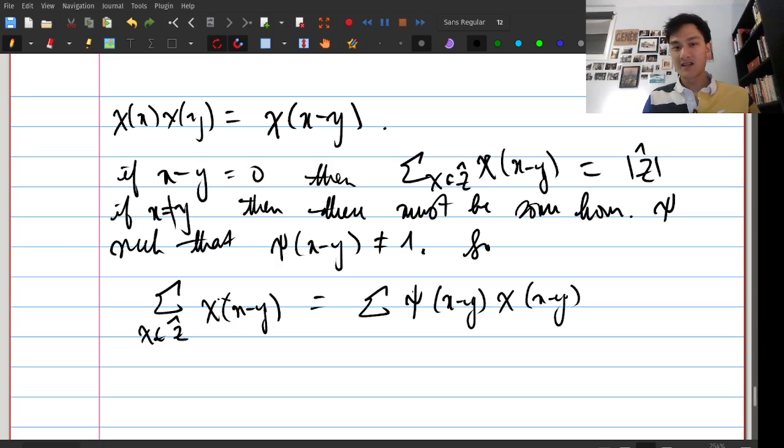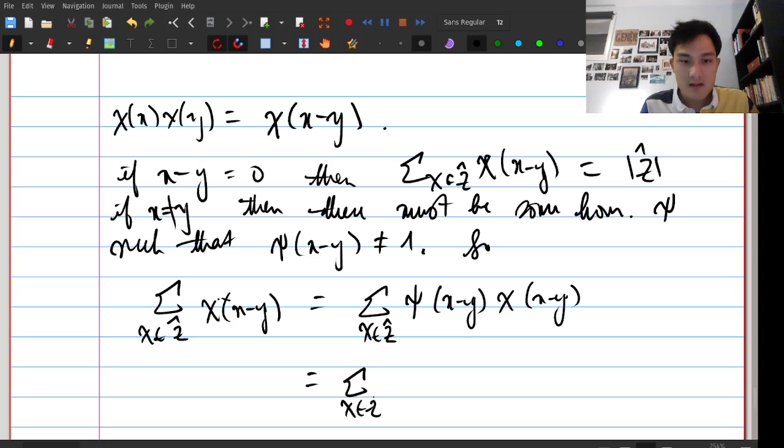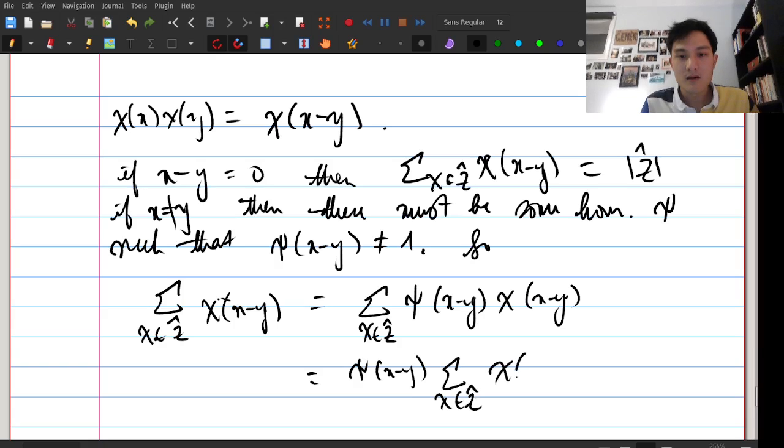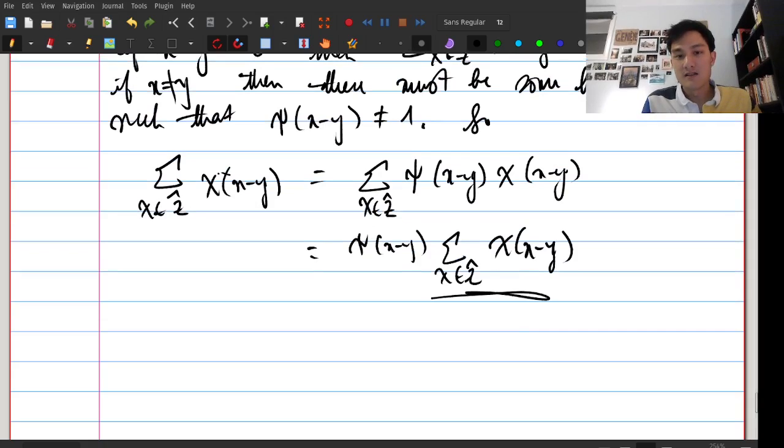So we're taking the group element psi times chi, okay? And then this is the same as, sorry, we have to take it outside the sum, right? Psi of x minus y, times the sum over chi in Z hat of chi of x minus y. And now we see that this is 0, okay?